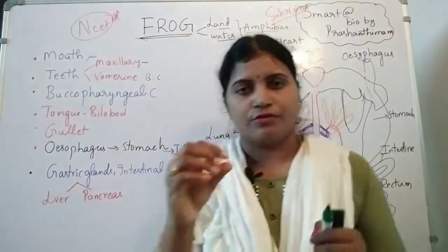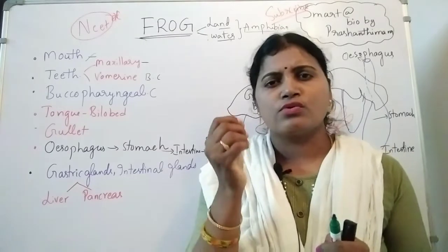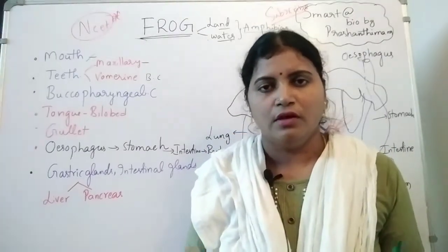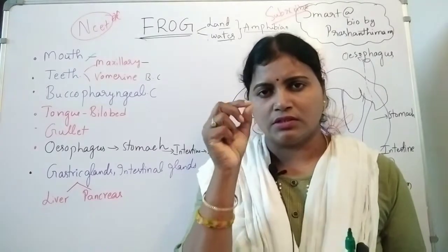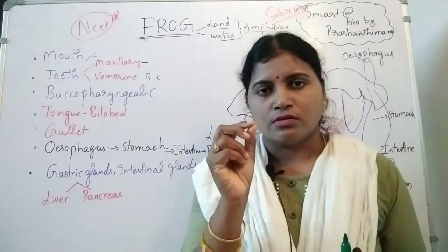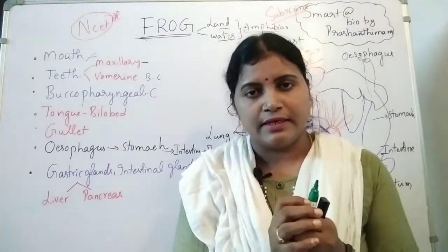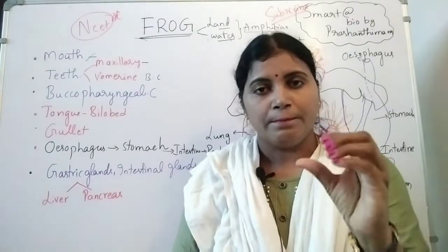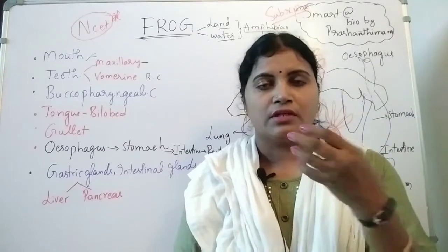If we observe the mouth, it is a narrow slit. Narrow slit means it is not very broad, just a small hole-like structure, with a complete buccopharyngeal cavity inside the mouth.